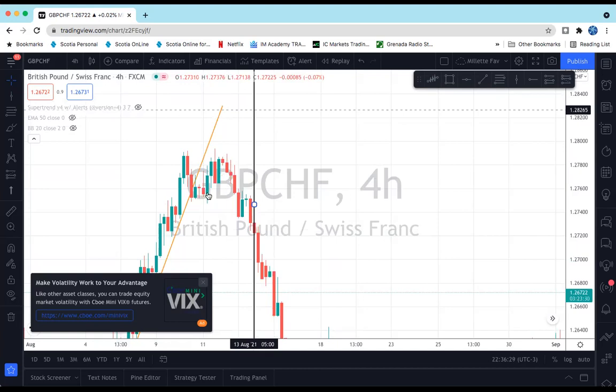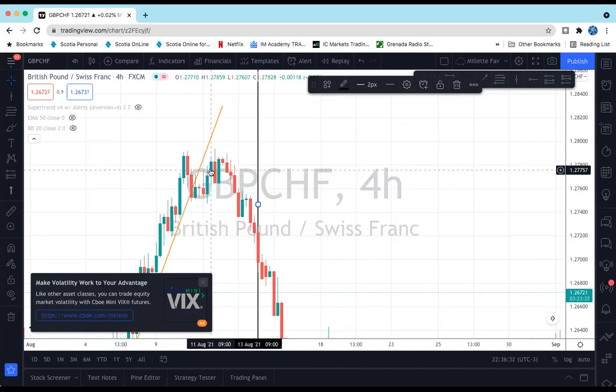This red candle, right? So the market was going up. This candle opened here, came down, went up, but it closed higher, right? With a wick here. Okay. This candle opened here. It went higher. Okay, so we're going for a buy still because it went higher than the previous candle. So we're going for a buy still.